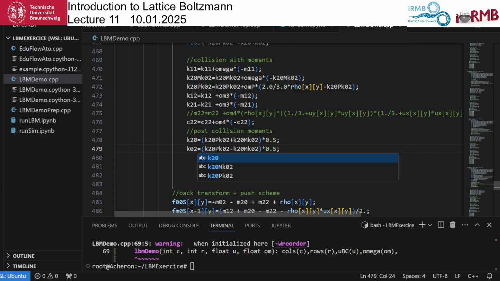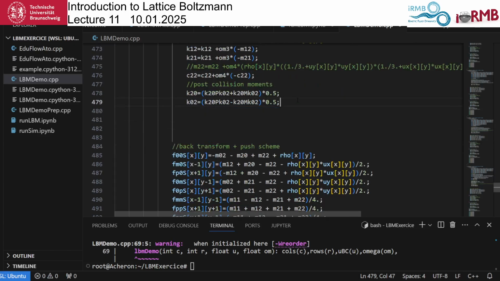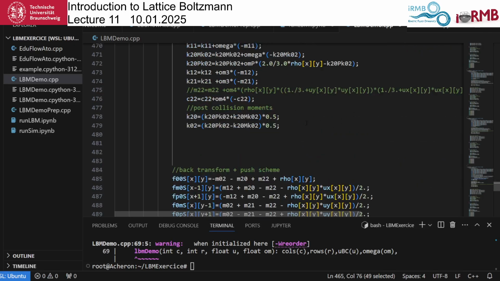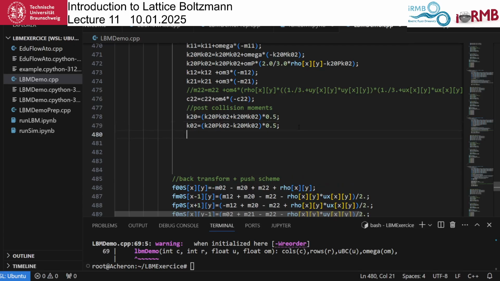Now we have to turn everything else back. One thing that we also have to do is turn back the central moment, this guy here, into the central moment. We'll do this by putting this on the other side, and we'll change the sign here.